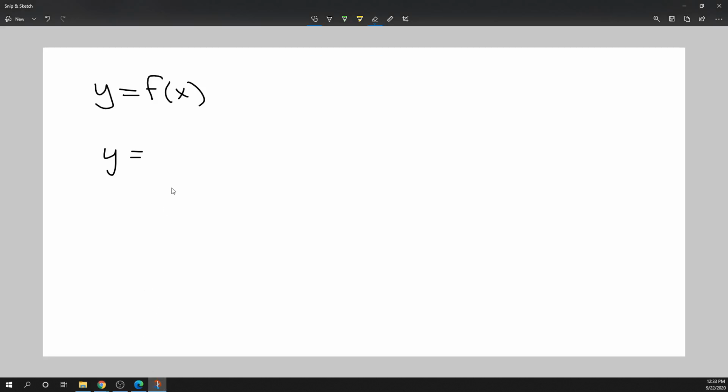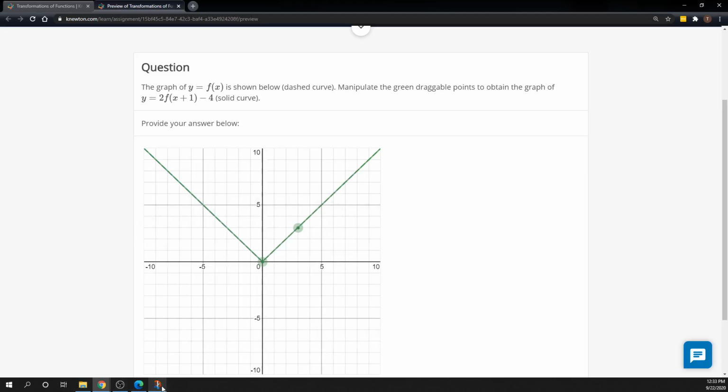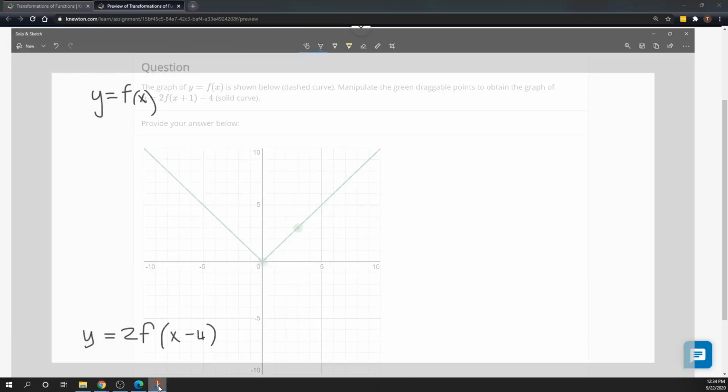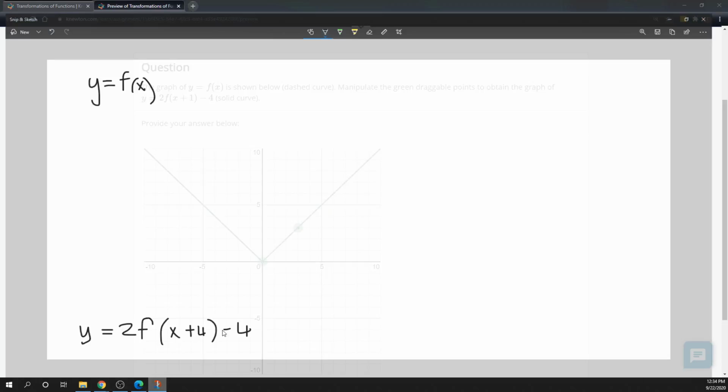So we're going to start with y equals f of x, and we want to wind up with y equals 2 times f of x plus 1, and then minus 4 on the outside.